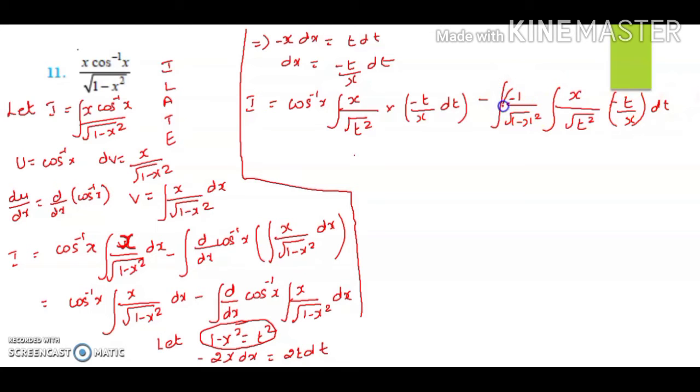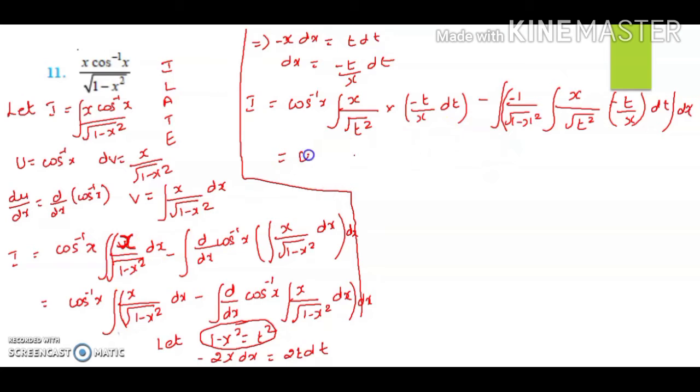So let me substitute minus t by x into dt. We have dx everywhere, and here also dx, because of uv minus integral v du.